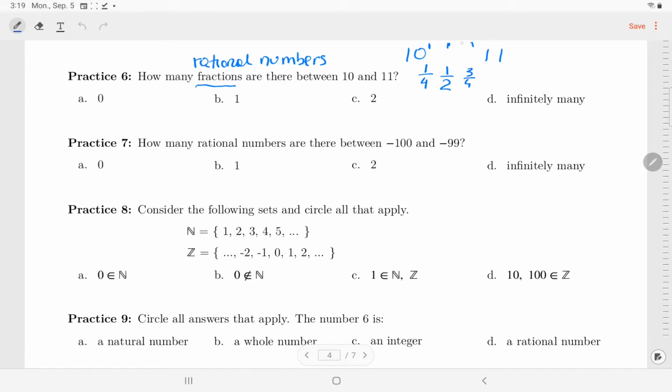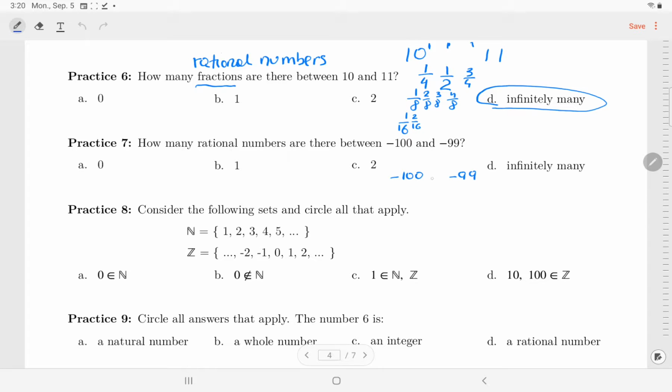And then we can keep splitting the numbers into smaller and smaller fractions. And since we can split the fractions into smaller and smaller forever, we will have infinitely many rational numbers or fractions in between 10 and 11. And what about between -100 and -99?